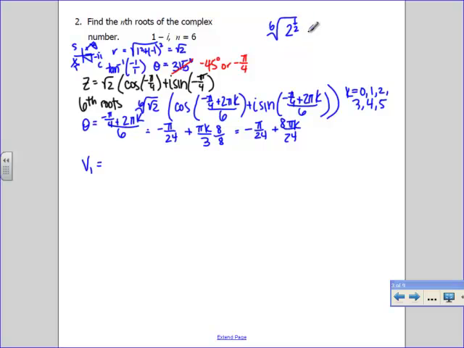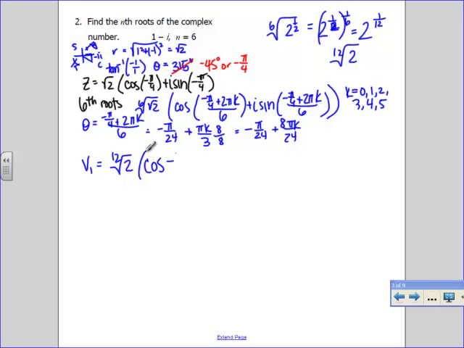The 6th root could be written as a 1/6 power, so I'm doing 1/2 to the 1/6. When you multiply those together, you're going to get 2 to the 1/12, or the 12th root of 2. If you could have arrived there on your own, that's good too. Okay, so we've got 12th root of 2 as our simplified 6th root of the square root.